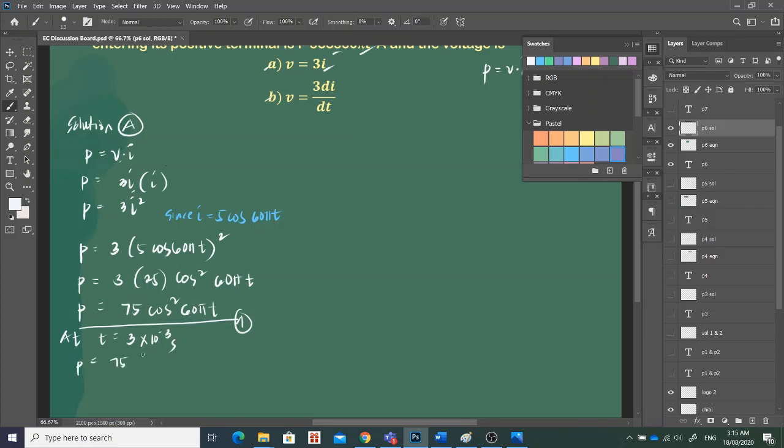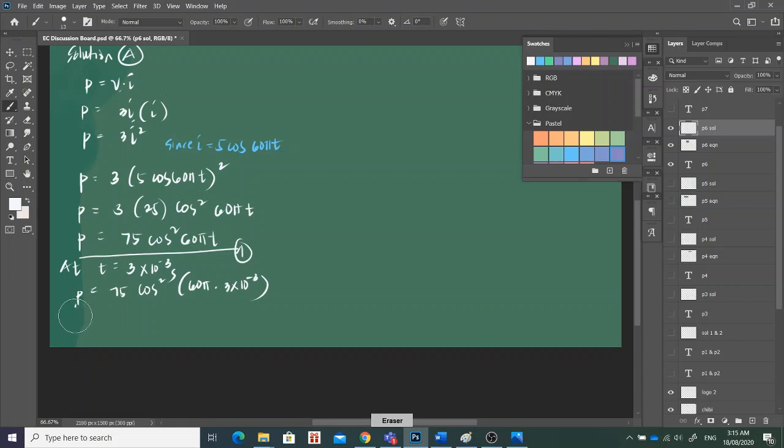P is equal to 75 cosine squared of 60 pi times 3 times 10 raised to negative 3. So that is 9 over 50 pi.